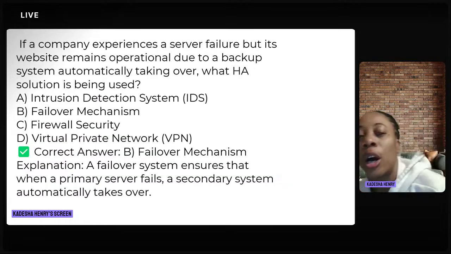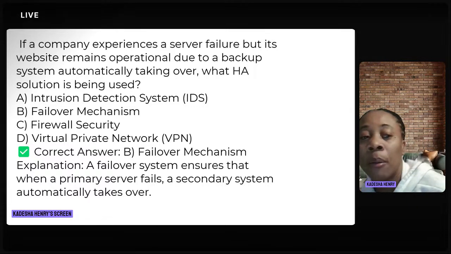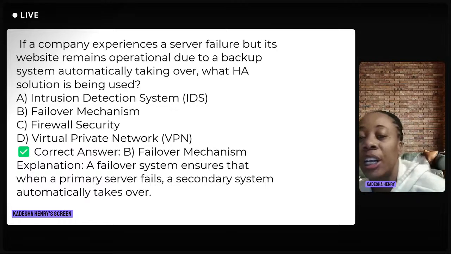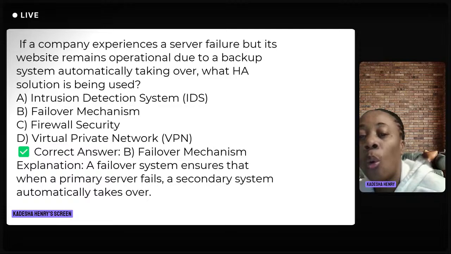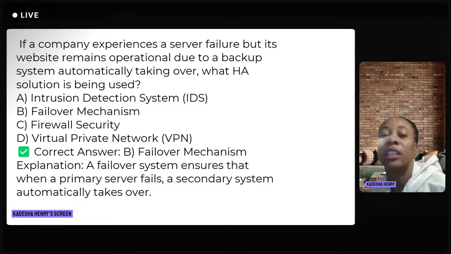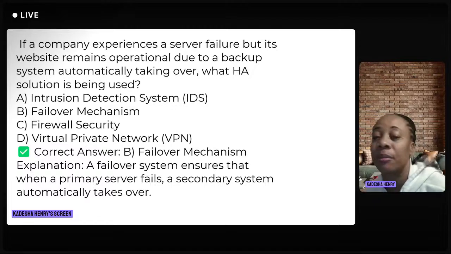Okay. If a company experiences a server failure, but its website remains operational due to a backup system automatically taking over, what HA solution is being used? And HA stands for high availability, right?